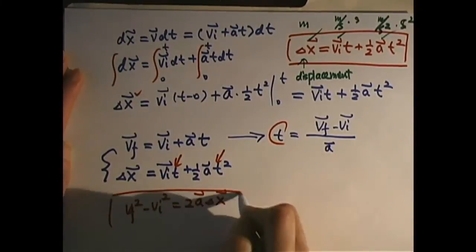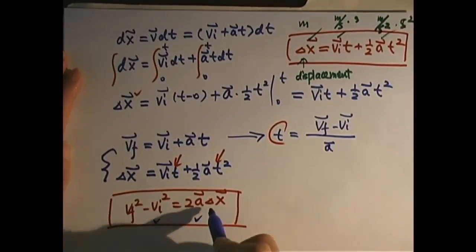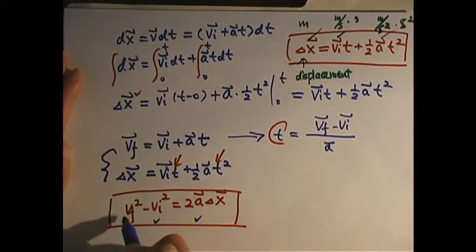This is a very useful equation because this equation has no time. It says that if you know the initial velocity, you know the acceleration, so either way, if you give me the change of position, I tell you what's the final velocity. If you give me the final velocity, I tell you the change of position.